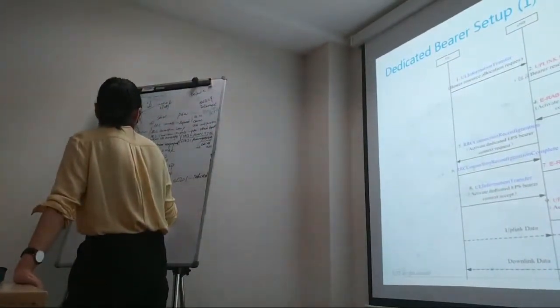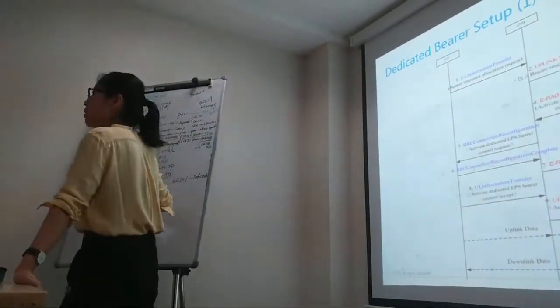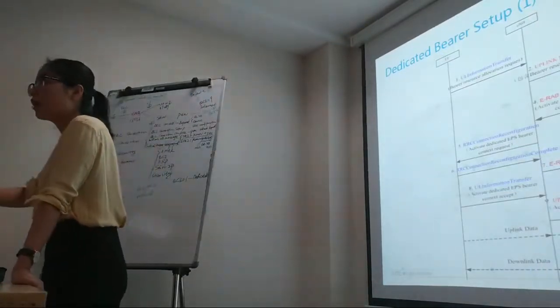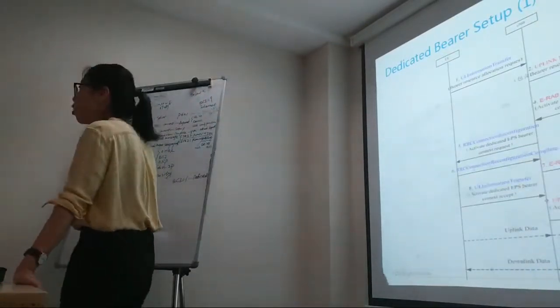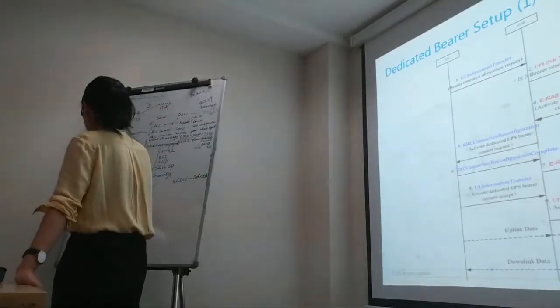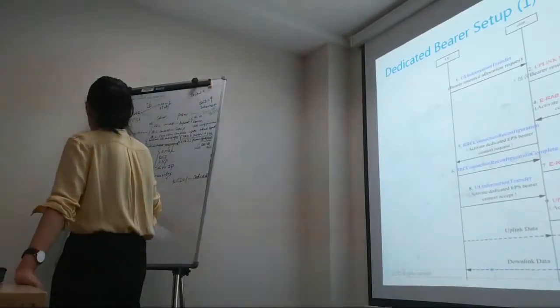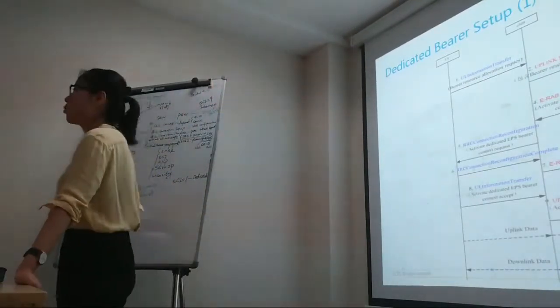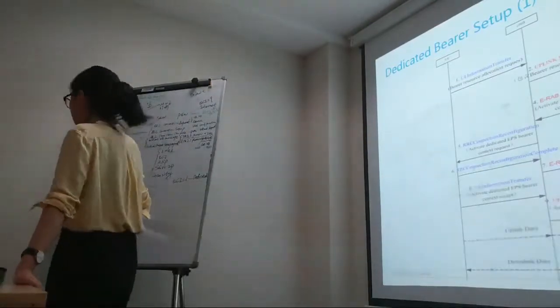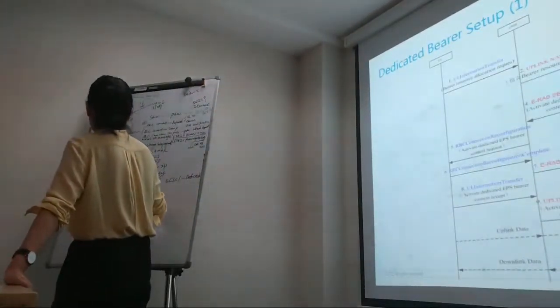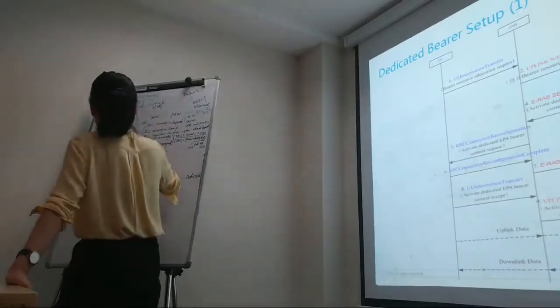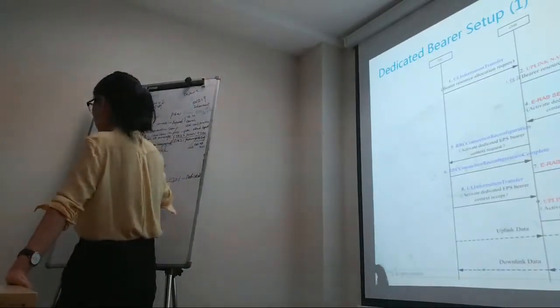Next is the request. If I send a request, that means I want to create an E-RAB. This is the initial E-RAB setup success rate. So this one is only related to the initial.